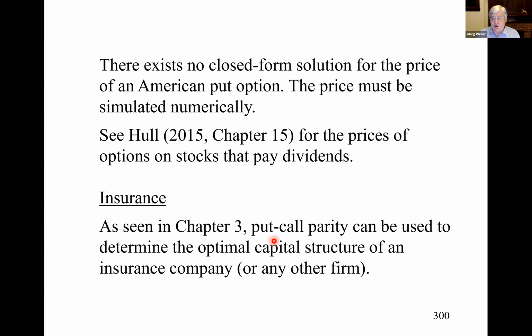When we applied option pricing to the insurance company, we got the put-call parity condition. For example, you could use it to determine the optimal capital structure of the insurance company, or of any other firm. So the put-call parity condition is very convenient and very important in finance.